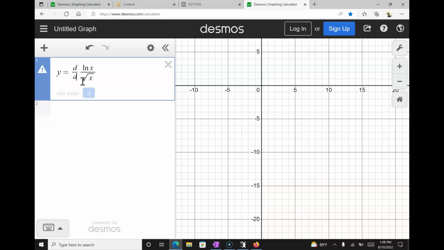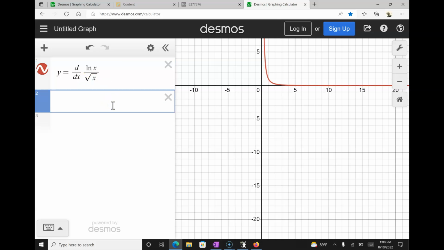So d dx, my operator for derivatives, there it is. And then I'm going to put in what I got wrong, which was what? 2 minus ln of x all over 2 square roots of x. And look, I see it's not correct, right?